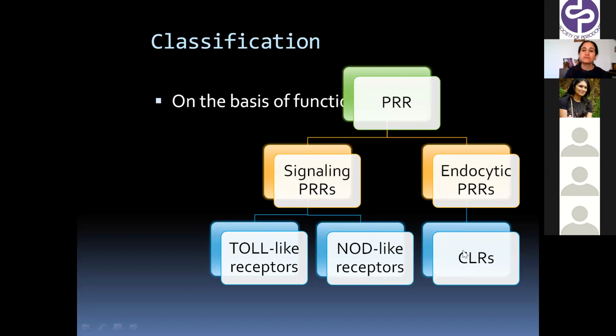And there are some C-type lectin receptors, which are important from the fungal point of view. So toll-like receptors are important from the bacterial point of view. NOD-like receptors are important from the viral point of view because the virus gains entry inside the cells. And these are important from the fungal point of view. So you have three types of receptors to take care of three types of threats to the body.